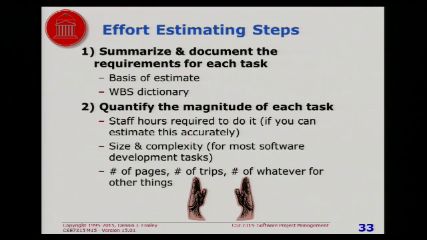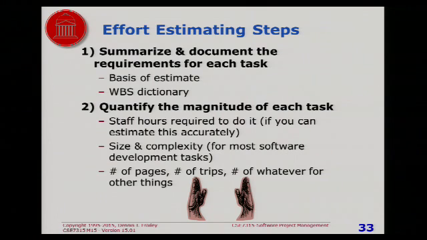So let's talk about the effort estimating process from a very high level, and then we'll go into some details. From a high level, the first thing you want to do is to document what the tasks are, and that means for each task you have to know what does that consist of.